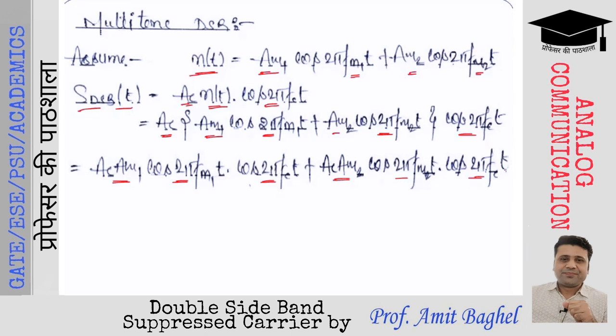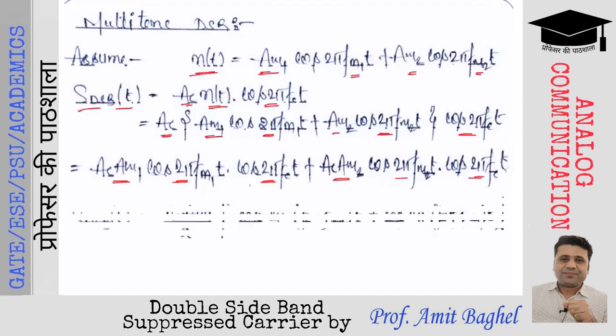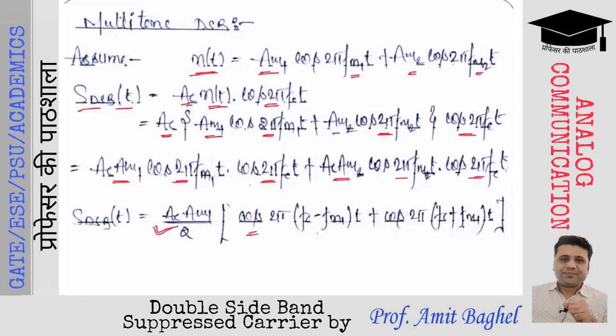Simplifying the first part with this formula, we'll get the expression as Ac Am1 by 2, cos 2 pi (fc minus fm1) t, the lower sideband, plus cos 2 pi (fc plus fm1) t.